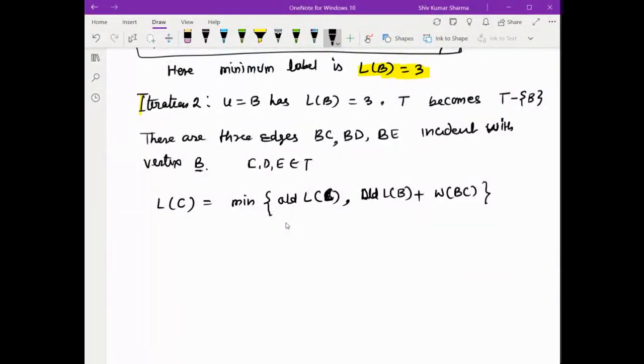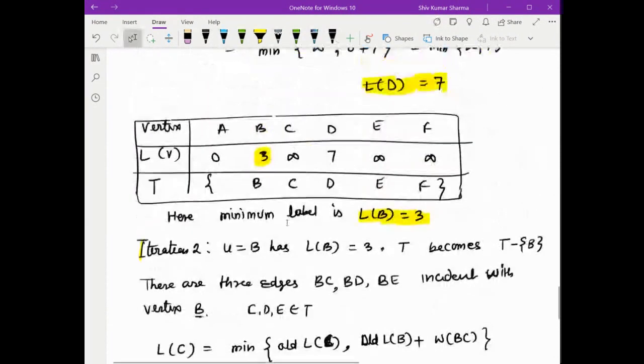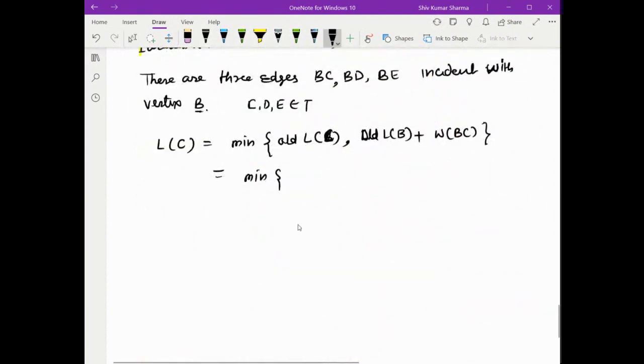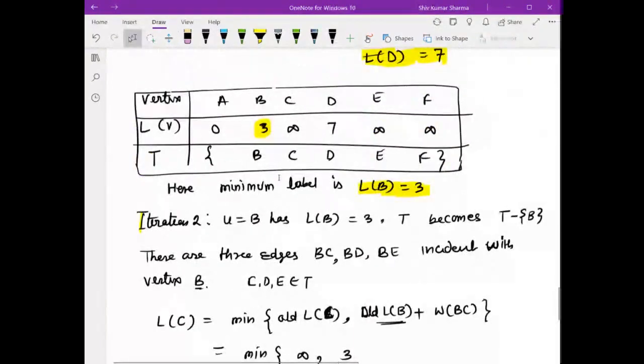That means level of vertex C. So you can write minimum of old level of C. Old level of C is infinity, and the old level of B is 3. Now we check this table only.